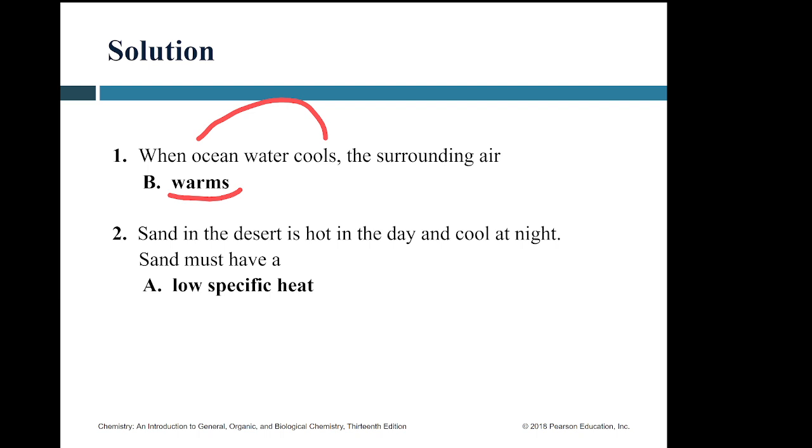When the ocean water heats, that's going to be that cool breeze effect. So it will be losing temperature from the air to the ocean water. You've got to think of it more like payments, it works out better.